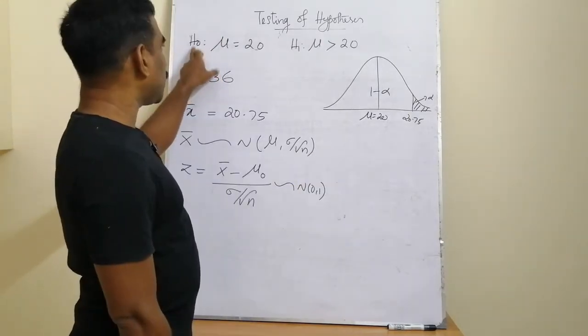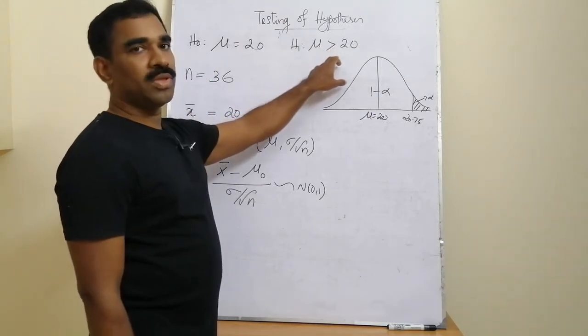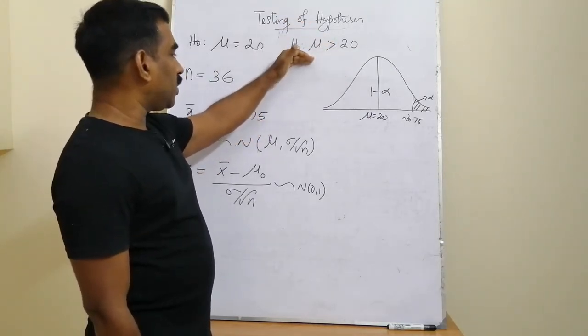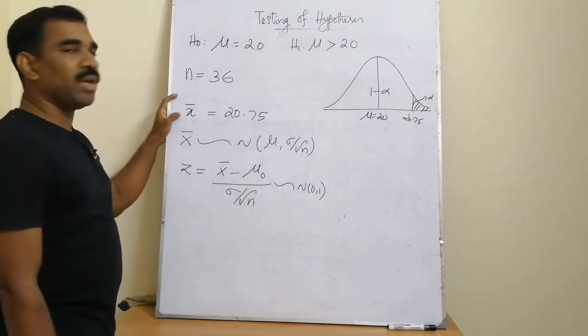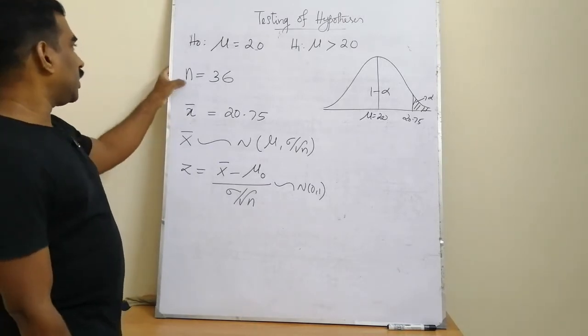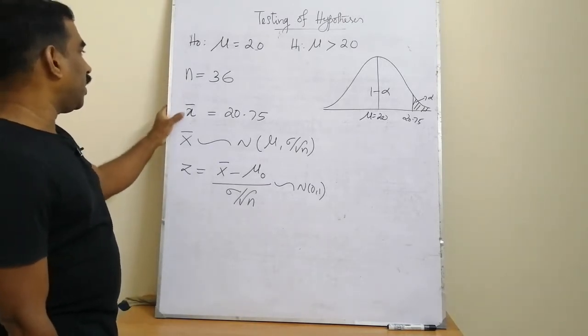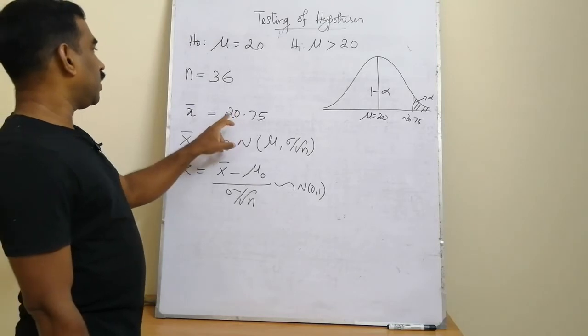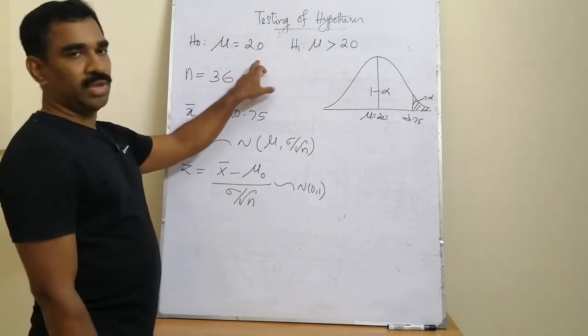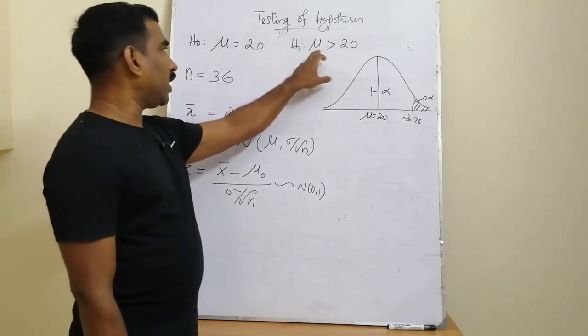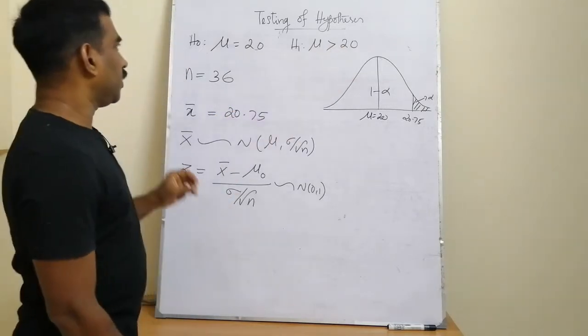Corresponding to every null hypothesis, there will be an alternative hypothesis, and this alternative hypothesis is based on our sample information. So for these 36 samples, we have computed the sample mean, and we have observed that the mean value is greater than this 20. So we have taken that alternative hypothesis mu greater than 20.